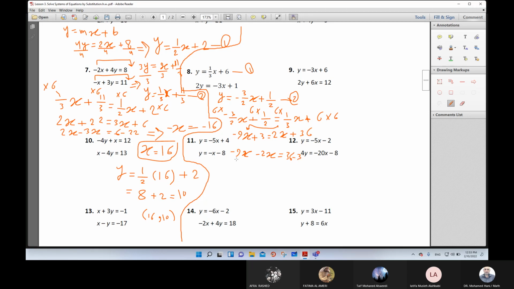So negative 9 and negative 2 will be negative 11x, equal 36 minus 3 will be 33. So divide the two sides by negative 11. So x equal 33 divided by negative 11 will be negative 3.